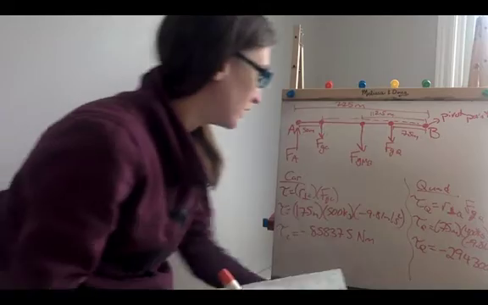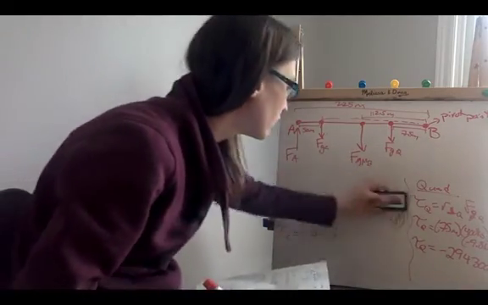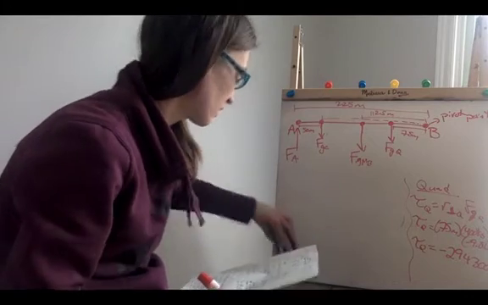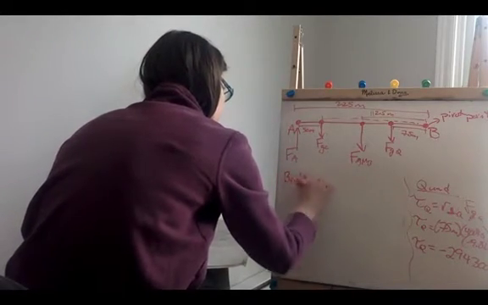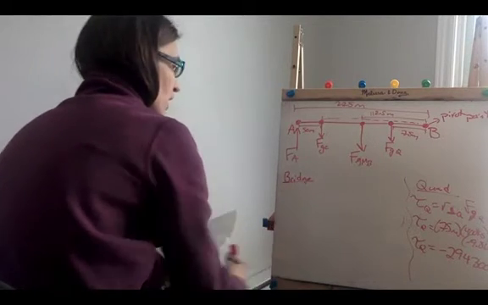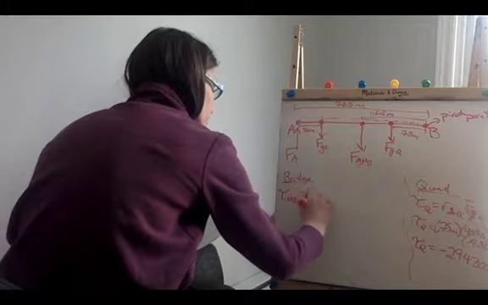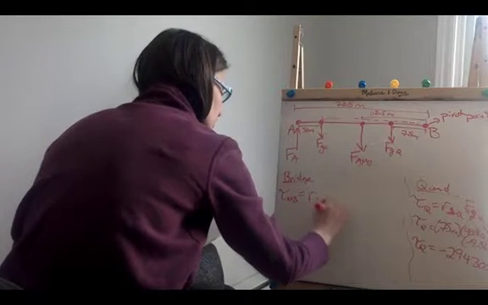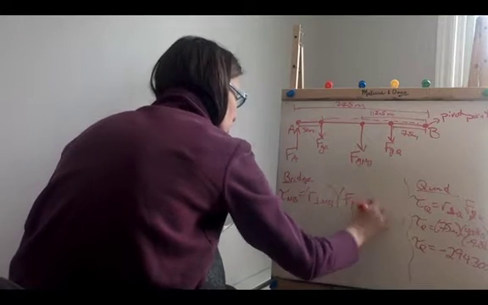Then we can look at the torque for the actual bridge itself. So the torque for the Morrissey bridge, again, is lever arm multiplied by the force of the bridge.